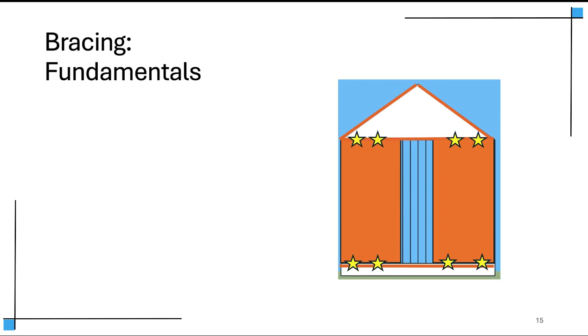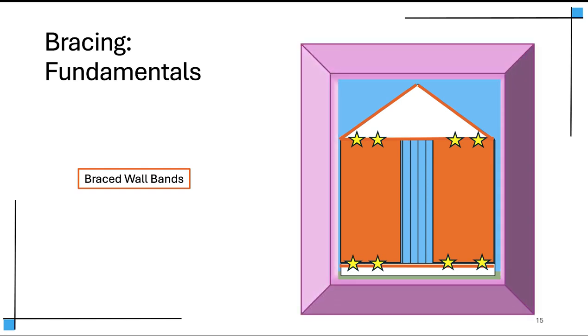But how do we know essentially how to design these systems? Well, Part 9 of the BCBC gives us another term, and we call that braced wall bands. Braced wall bands are a concept in Part 9 lateral bracing design. They are not a physical element that gets constructed in our buildings, but they're an imaginary concept that essentially provides a framework around our building to help us understand how to appropriately and accurately design a bracing system for a type of building.